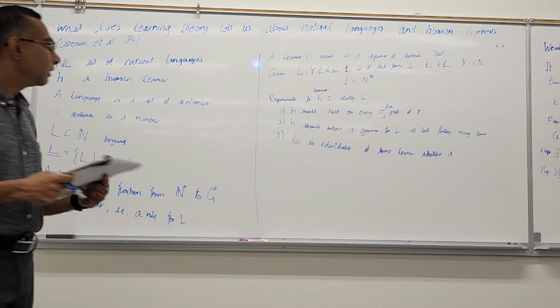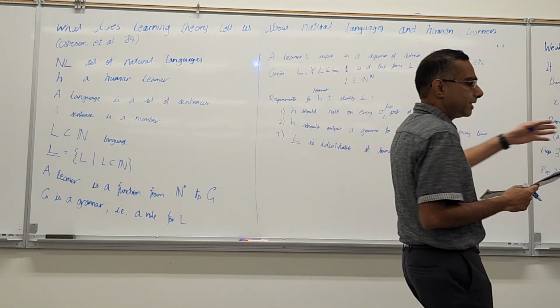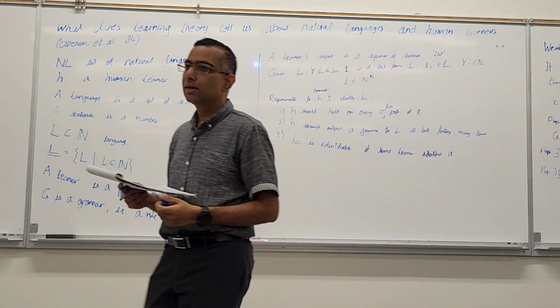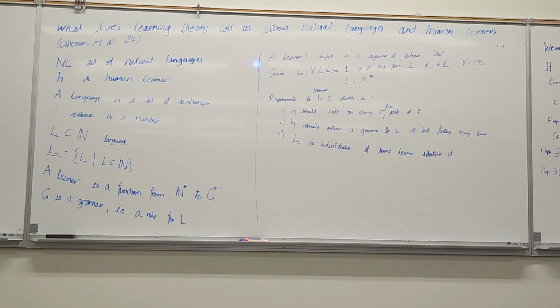Instead, I want to talk about a slightly different thing which covers some of the things you're thinking of, which is that this model seems way too strong, right? We are saying, for example, that if the learner wants to identify a natural language, the learner is always given sentences from that language, right? For example, what if the learner once hears a sentence that is non-grammatical? Does that mean the learner can forever give up hope of learning the language?